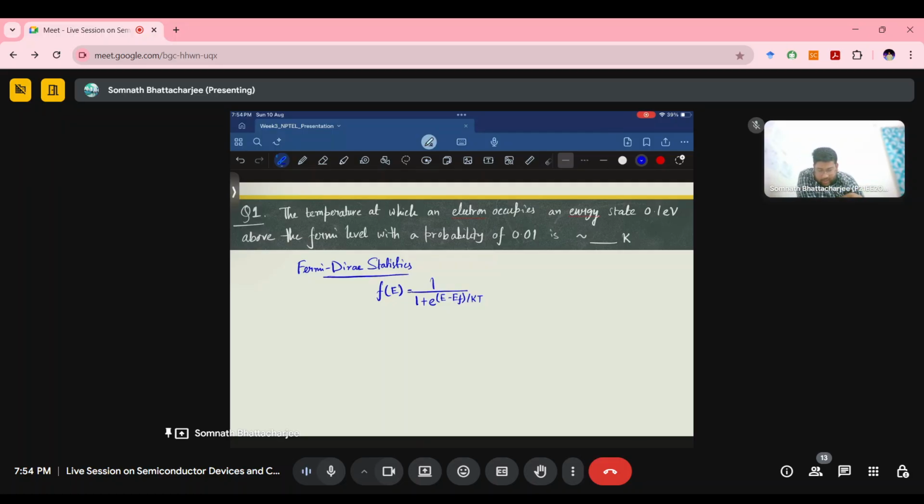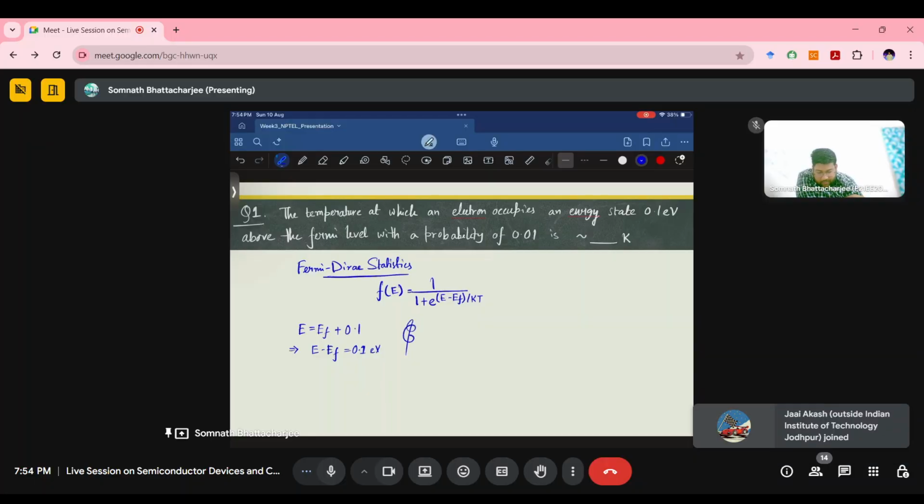So maybe I'll explain this. As it has been said, the energy state is 0.1 eV above EF, so E minus EF is 0.1 eV. We have also got the value of k, everything is there.